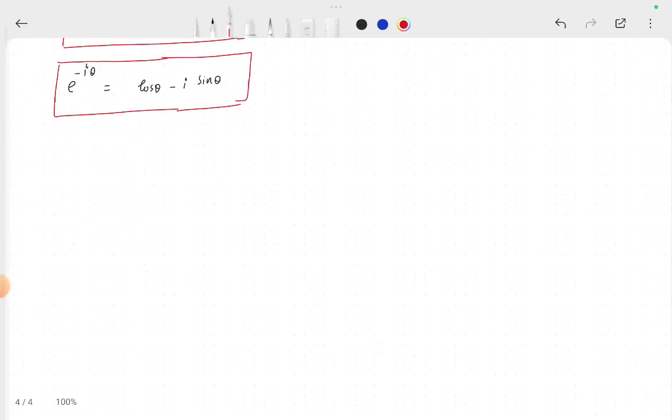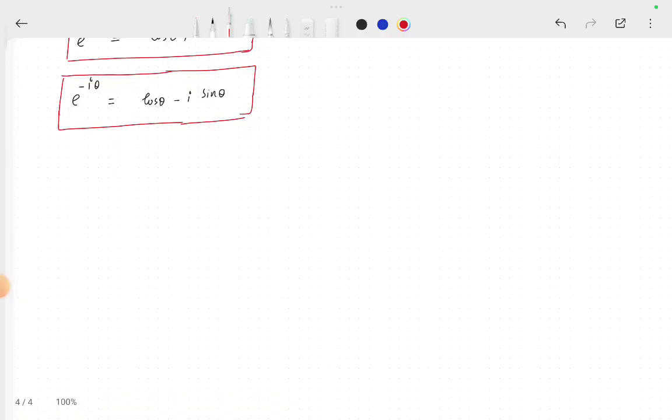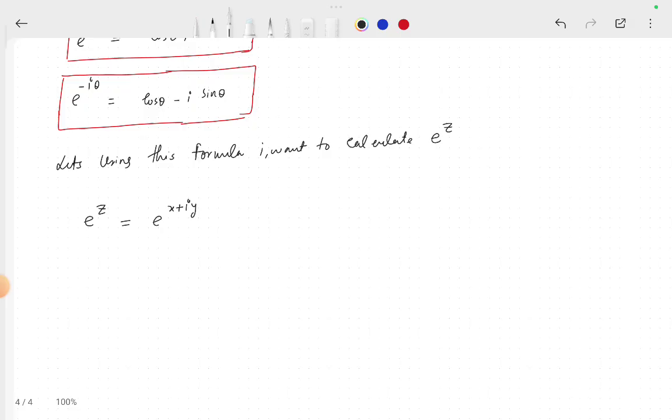Now using Euler's formula, I have to find e to the power z. So e to the power z equals to e to the power x plus iy, because we already know z equals to x plus iy.